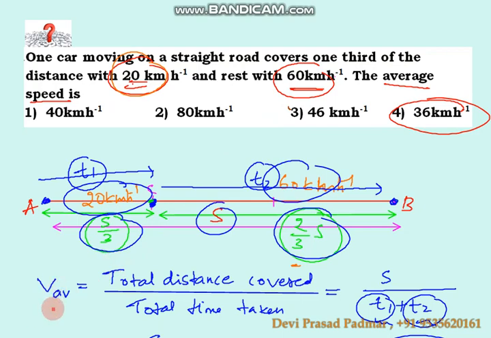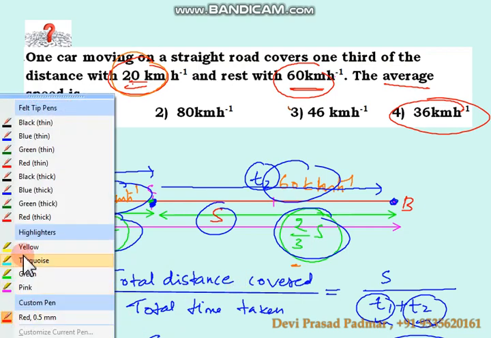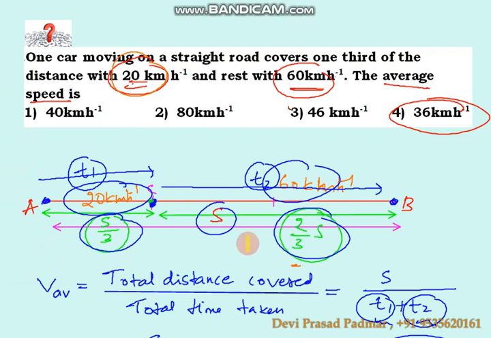Average speed equals total distance covered divided by total time taken. In this problem only distance and speed are given. Therefore you need to write the time in terms of speed and distance.